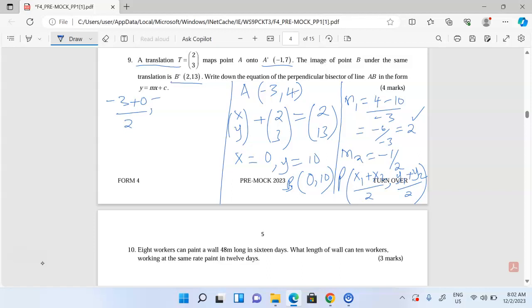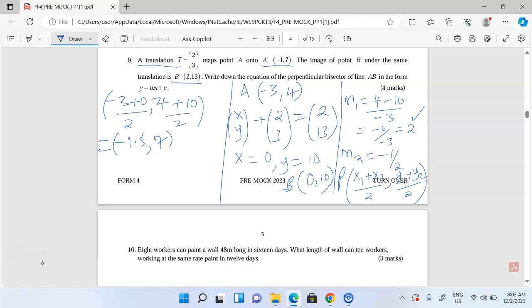Then the first y is 4, and the next y is 10, again over 2. So the coordinates of the midpoint of AB are going to be negative 3 out of 2, which is negative 1.5. Then we have 4 plus 10, 14 over 2. This is 7. So (-1.5, 7) is the midpoint, or the point where the line passes.